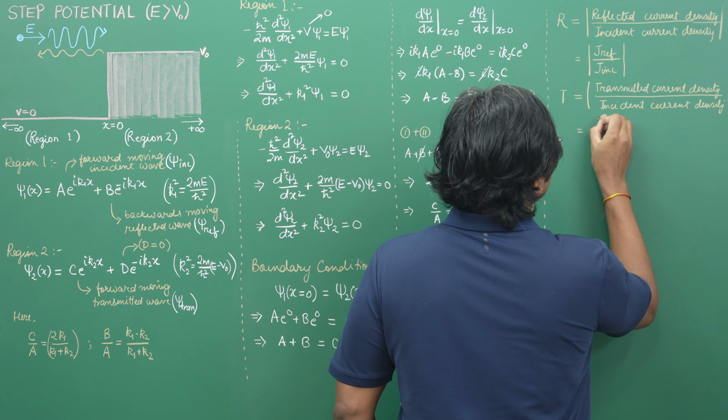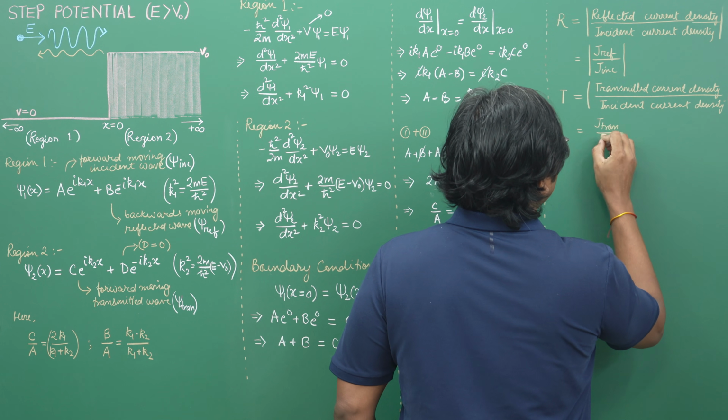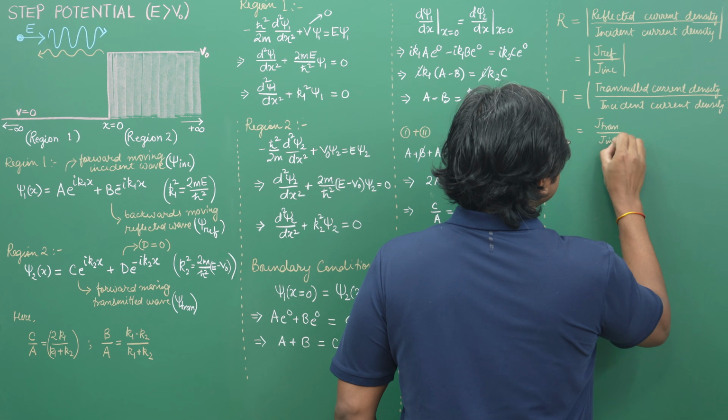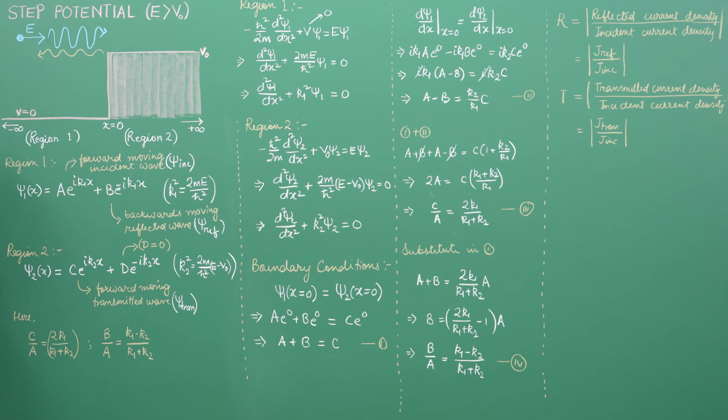So this is equal to J transmitted upon J incident ratio. Alright, so if you know how to calculate the current density of any kind of plane wave solution, then it is easy to figure out the reflection and the transmission coefficients. So let's do that.